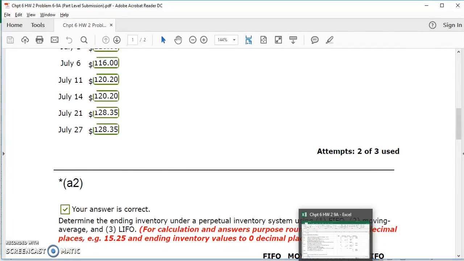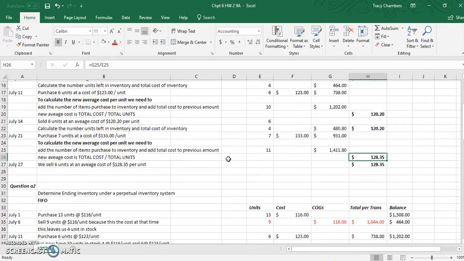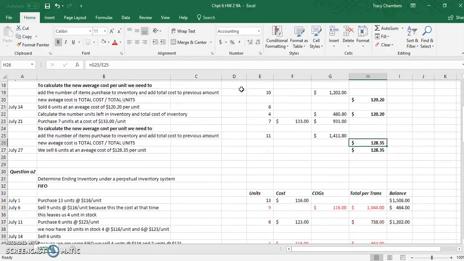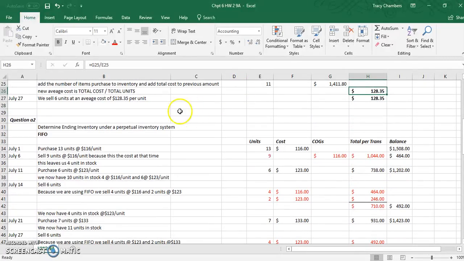So again, I took it to Excel. So we're using the same information that we had up here originally with the items that we purchased and the sales that we made. So FIFO, to determine the ending inventory under perpetual inventory system using first in, first out.